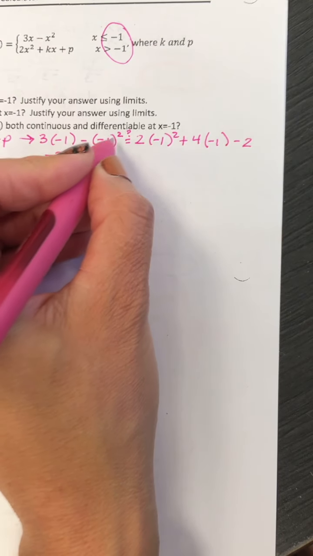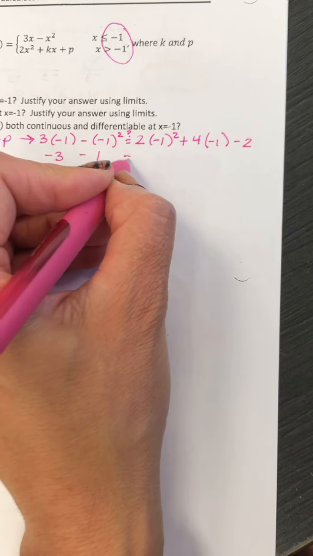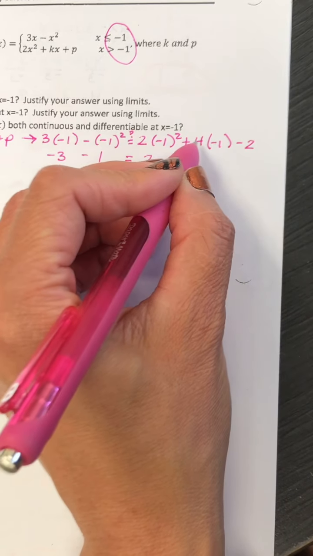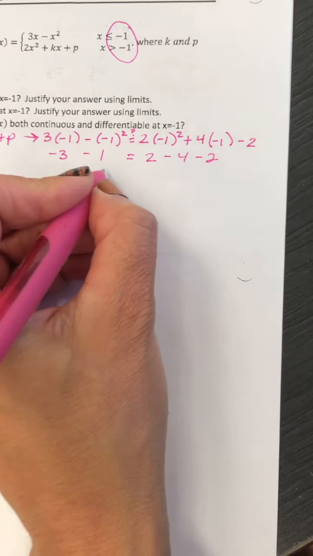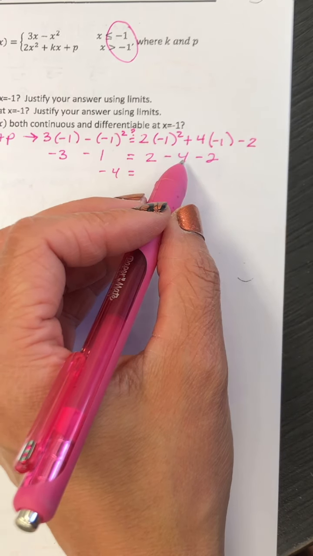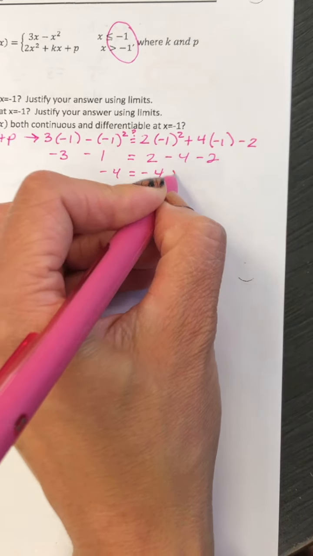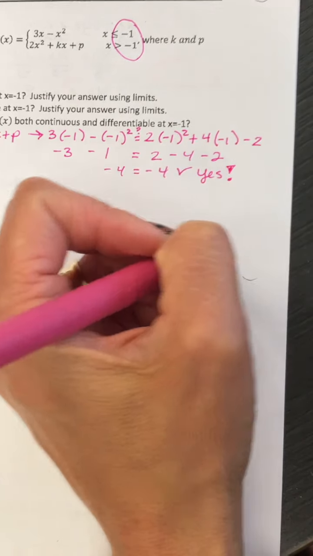And then -1 squared is 1, but then there's that minus out front, so it's -1. -1 squared is 1, 1 times 2 is 2, 4 times -1 is -4, and then -2. So we have -4 equals 2 minus 4 is -2, -2 minus 2 is -4. Hey, we got the same thing. So yes, it is continuous.